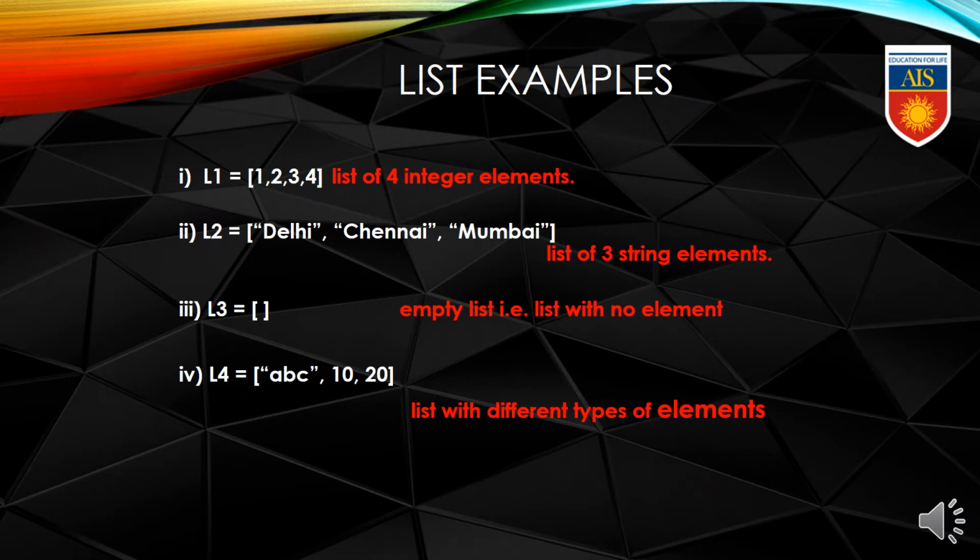Next one is L3, square brackets open and close. With this, the user can declare an empty list, where during execution we can put any record as per our requirement. Next is L4 equal ABC, 10, 20. It has different types of elements, which is called a mixed bag list.